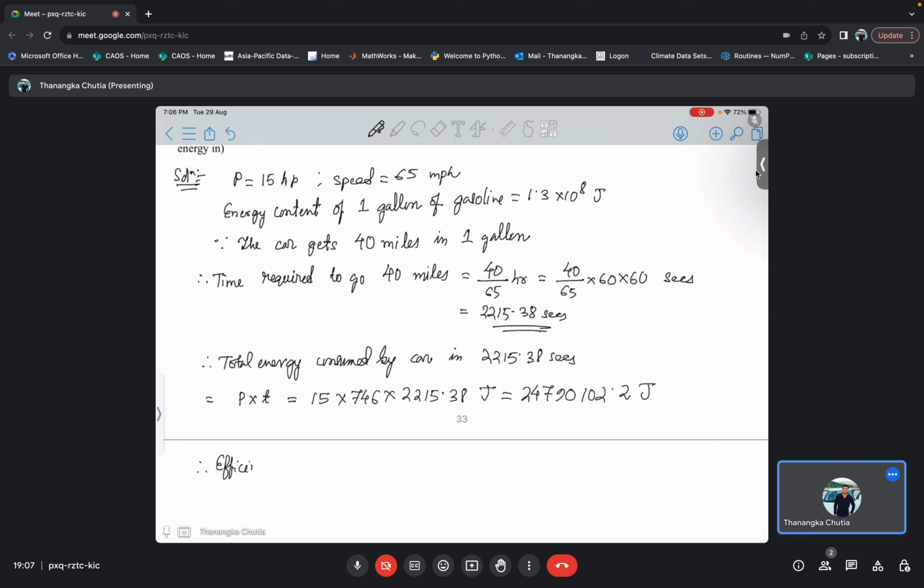So therefore efficiency eta will be what? Energy output by energy input. So you have been given total energy of 1.3 into 10 to the power 8 joule, but actually the car consumed 24790102.2 joule.